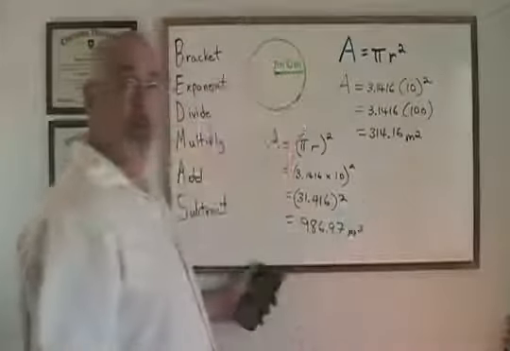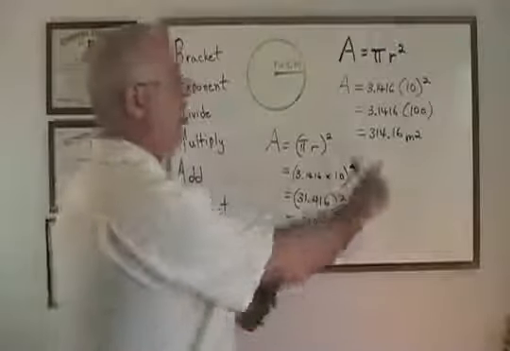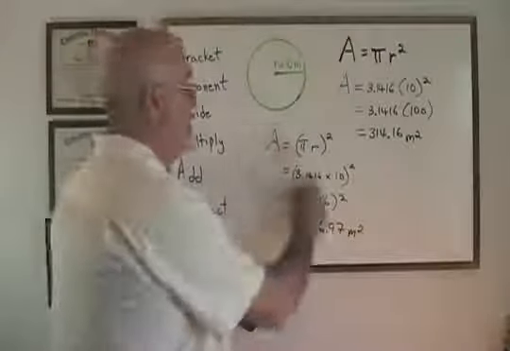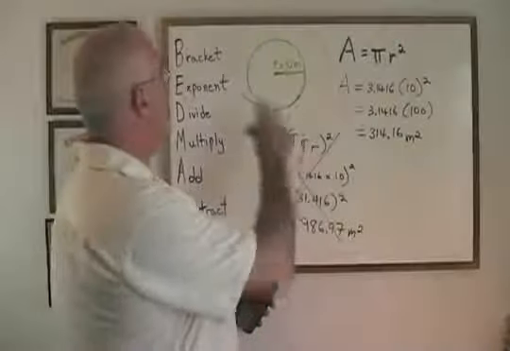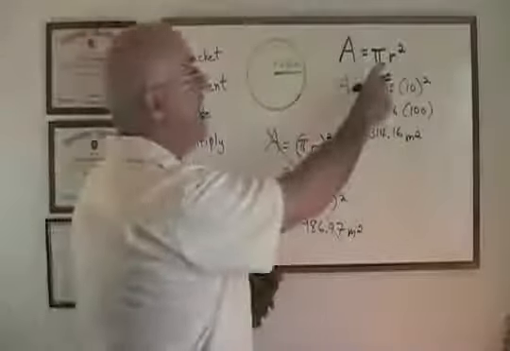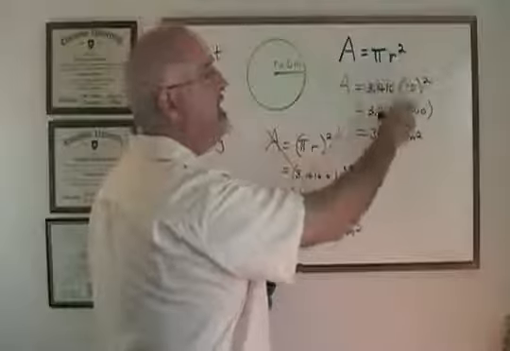You can see there is quite a big difference between this wrong answer and this right answer. So make sure that when you are applying geometric formulas, you follow the order of operations, and in this case, you square the radius before you multiply.